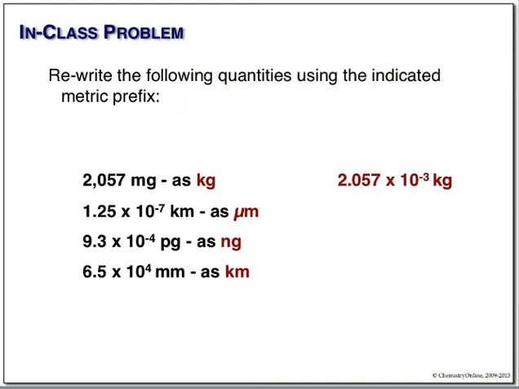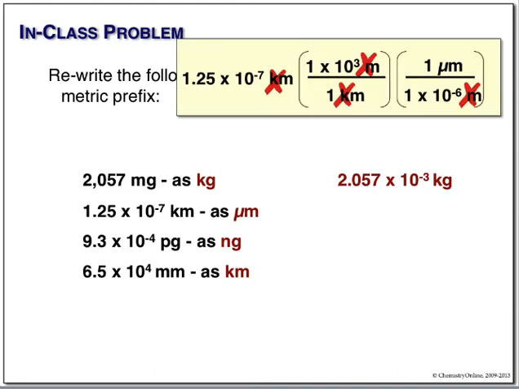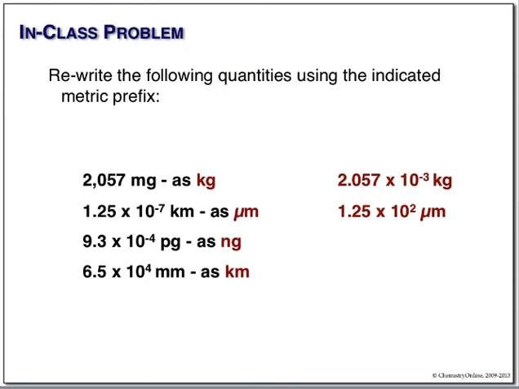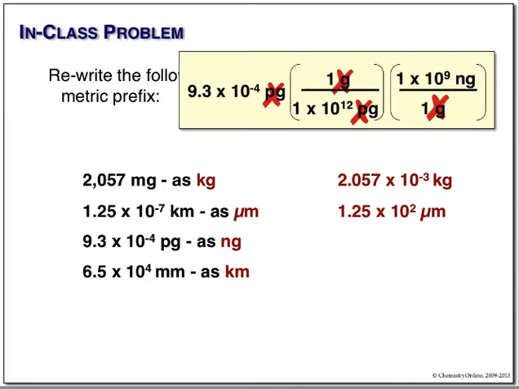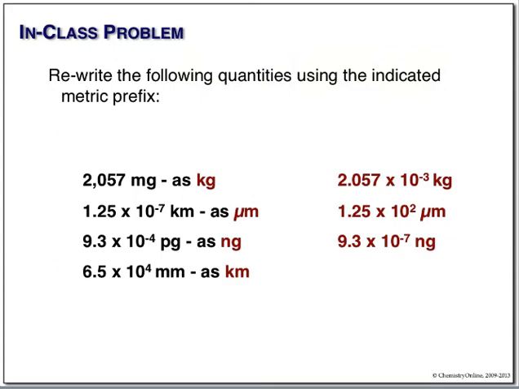A set that would work looks like this. Our next one, we have pico to gram, gram to nano, and finally our last one here. We're going from millimeter to meter, and then from meter to kilometer.